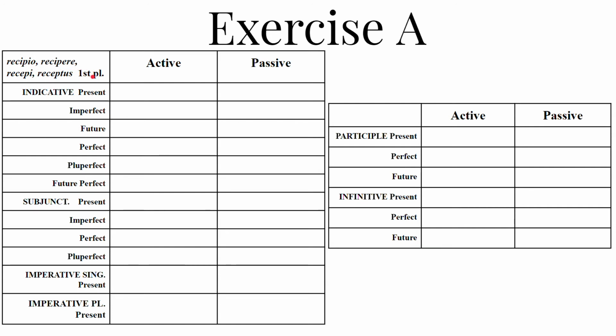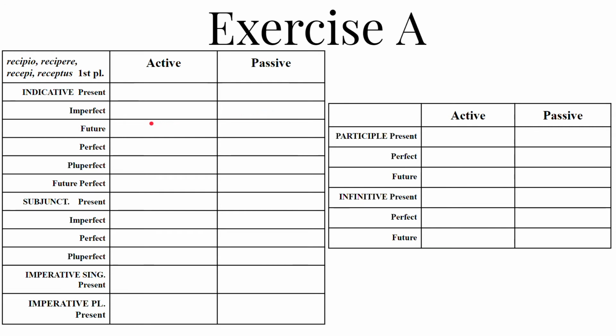So first person plural, recipimus. Passive, recipimur. For the imperfect, recipi, add the E, then the ba. So we get recipiebamus. Passive, recipiebamur.